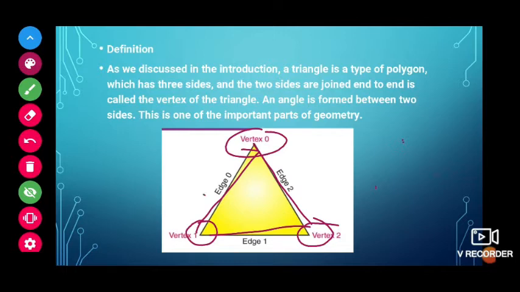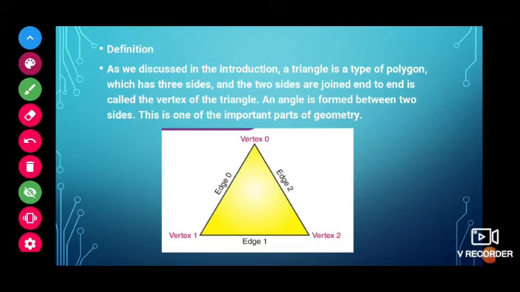So side 1, side 2, side 3, or else edge 0, edge 1, edge 2, anything. Now, the main parts we have are vertex 1, vertex 2, vertex 3, which form the angles, and sides, and some external angles.